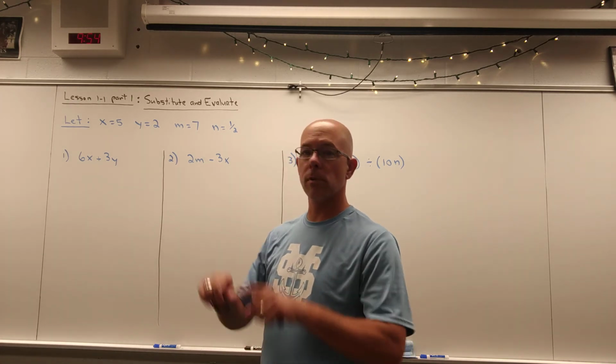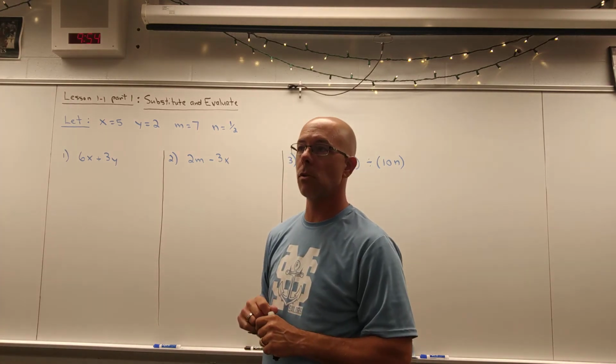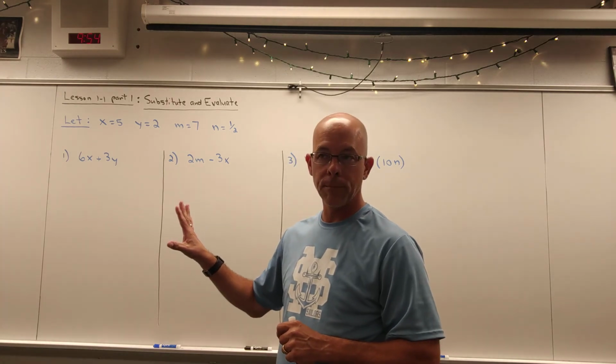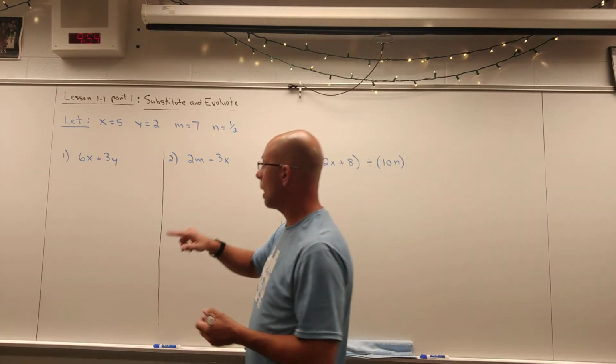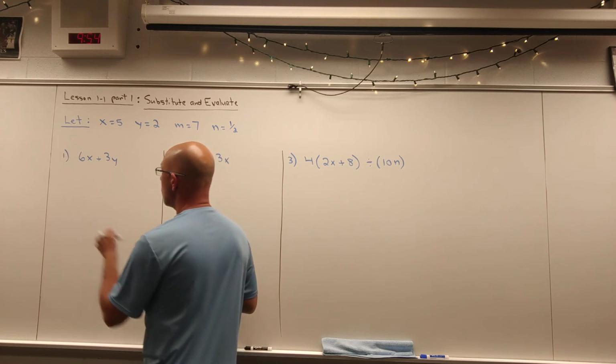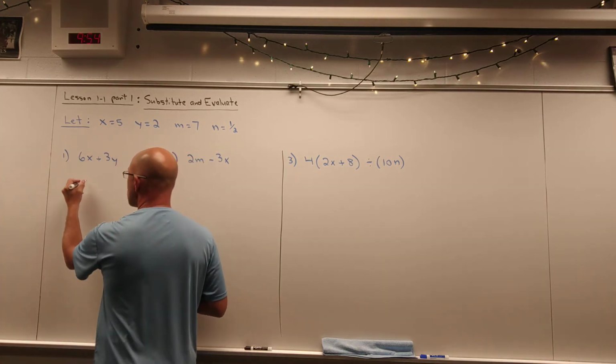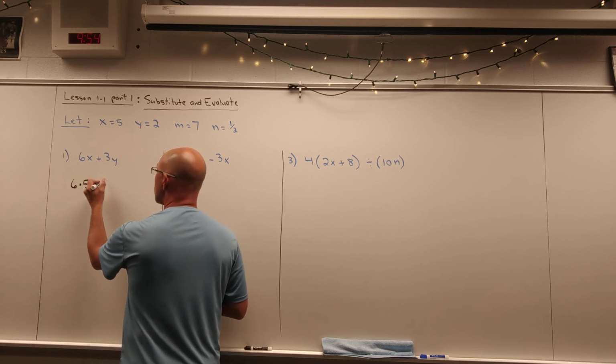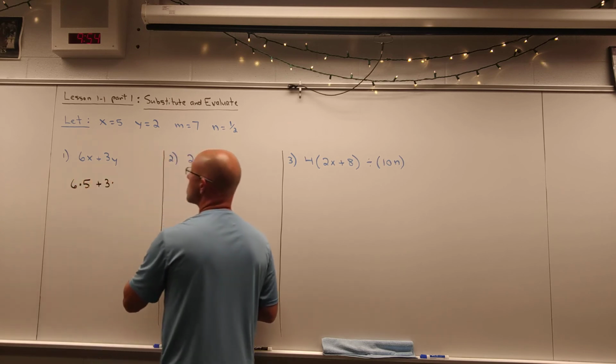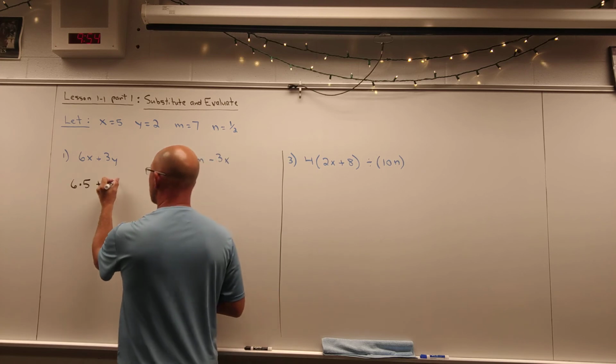And sometimes when people substitute, they use parentheses to substitute. I'll show you both ways. For example, one way I could write this problem right here is 6 times x value is 5 plus 3 times the y value is 2.